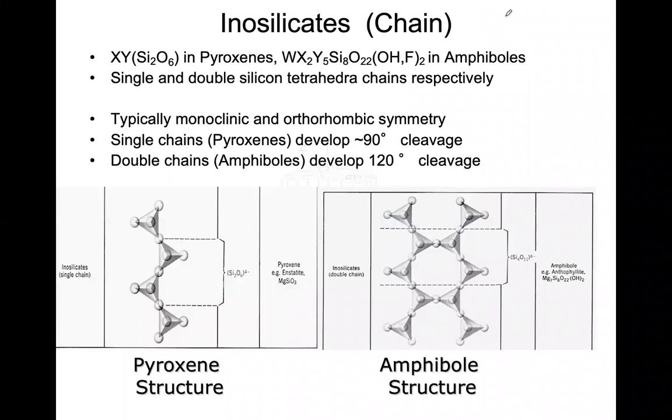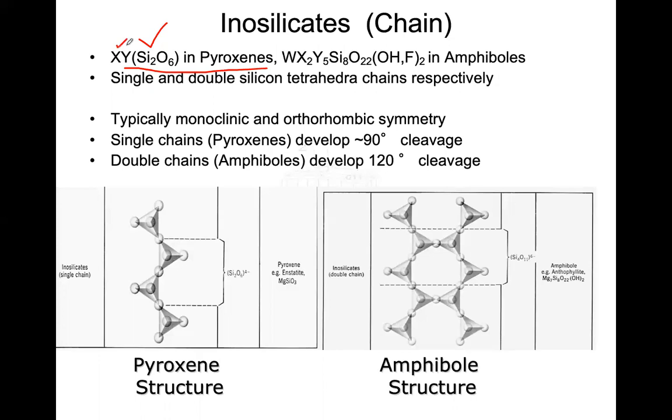which you can see here clearly. They have two types of structures. So one is a single chain inosilicate, which we call the pyroxene group. Okay, pyroxene group. So they have this particular structure, Si2O6, and metal ions are there, right?